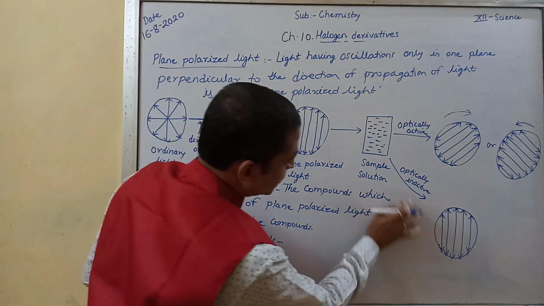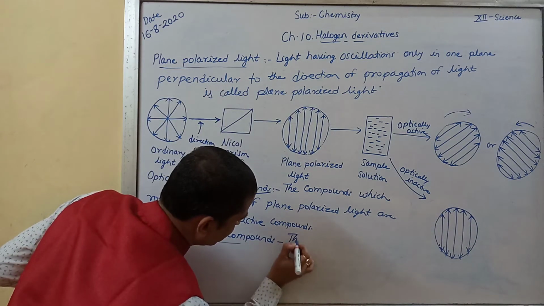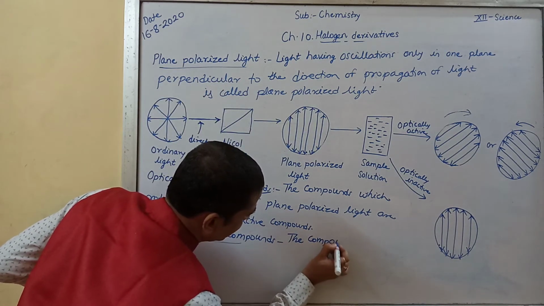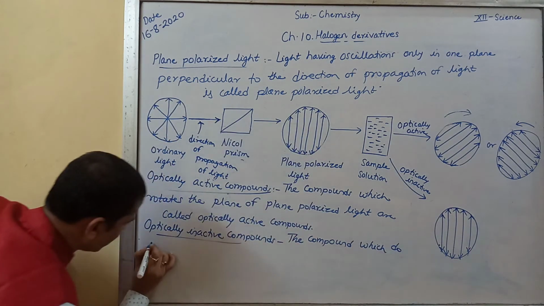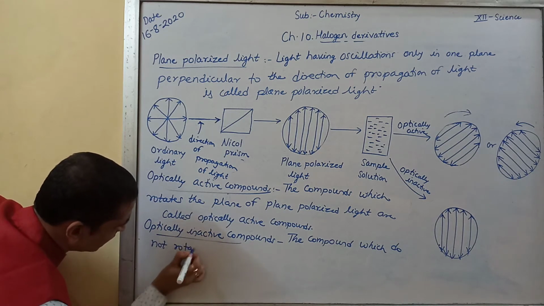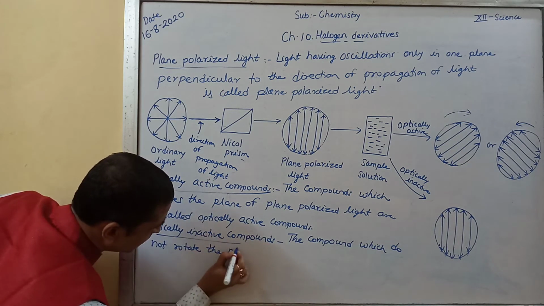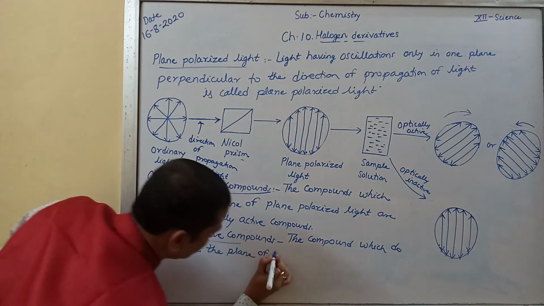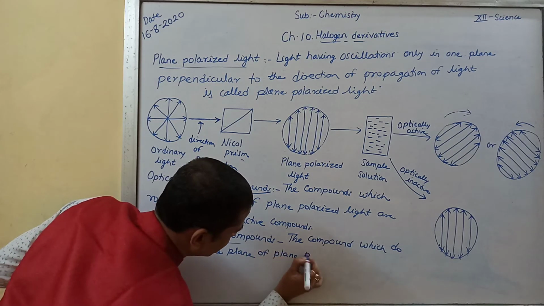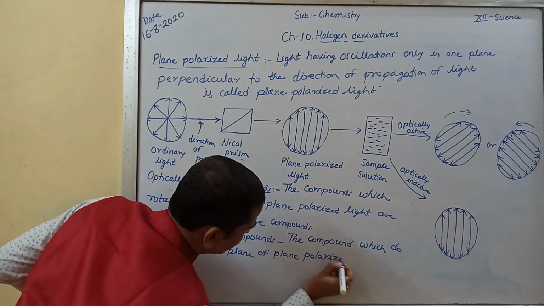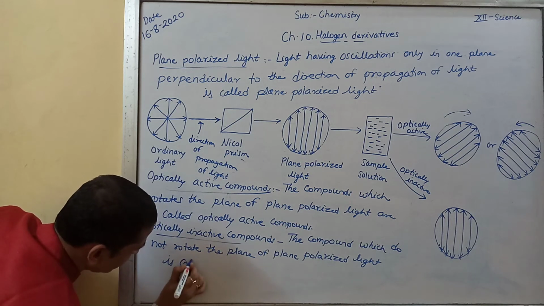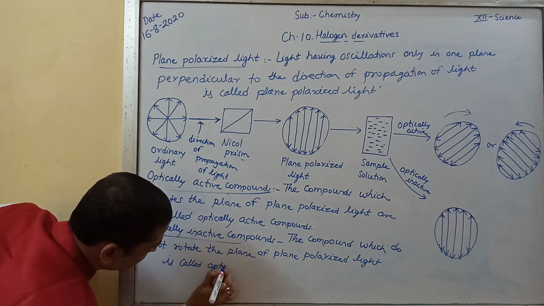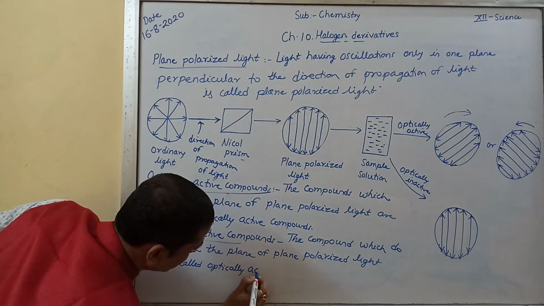Now next, optically inactive. See, this is an optically inactive compound. The compound which does not rotate the plane of plane polarized light is called an optically inactive compound.